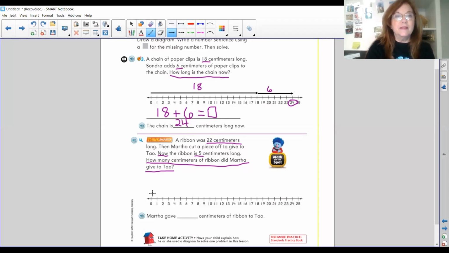The ribbon was 22. So we draw a line on top, and we want to write 22 on that.